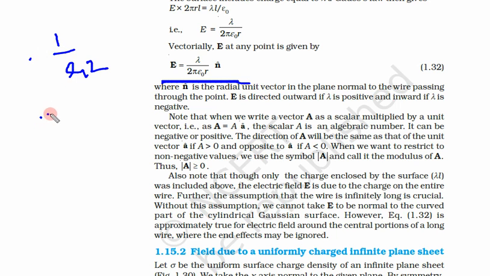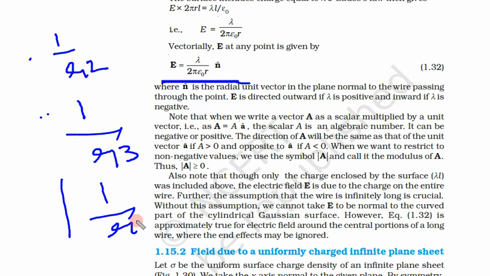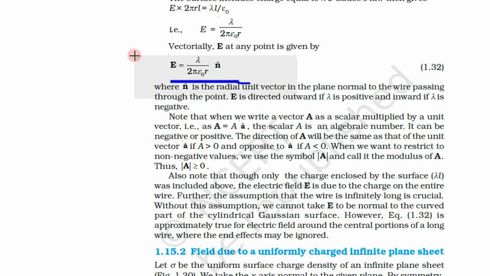For a dipole it was 1 by R cube, and for a long wire it is simply 1 by R. So that is the difference, and we found it using simply the Gauss law.